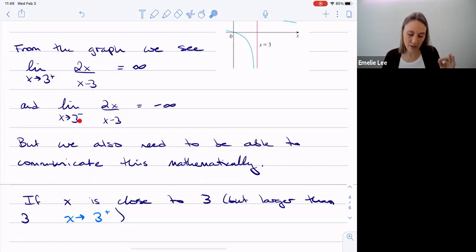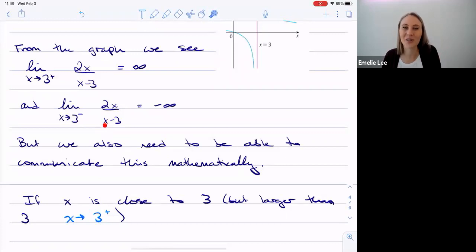Whereas if we approach 3 from the left, now x is slightly less than 3. So 2 times something slightly less than 3 is still roughly 6, still positive. But if I think about something like 2.9 minus 3, 2.9 is close to 3 from the left but not at 3.